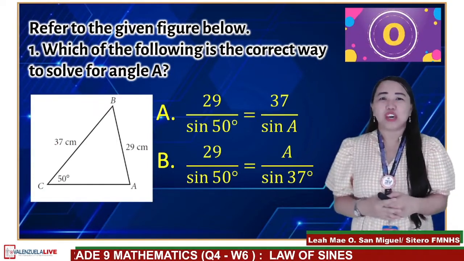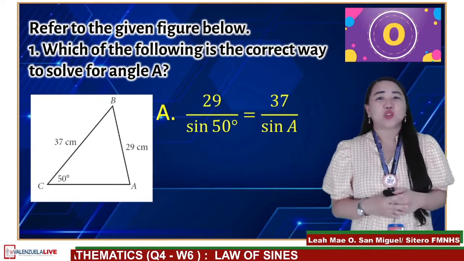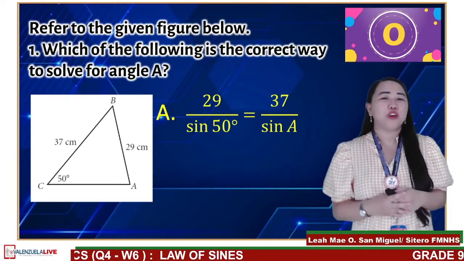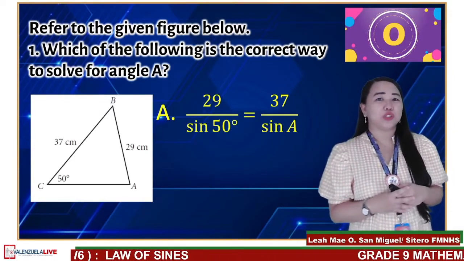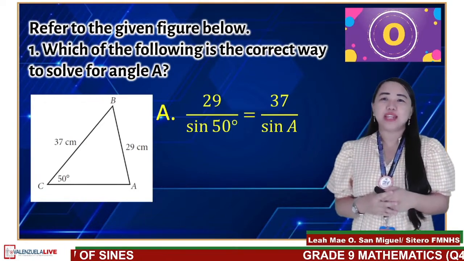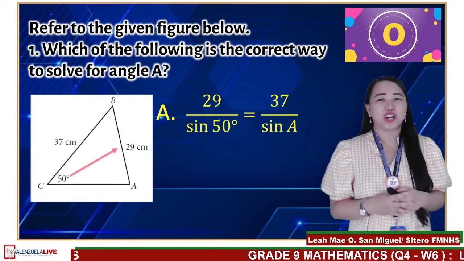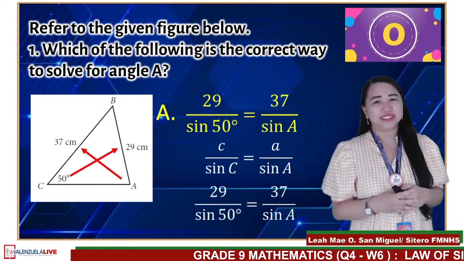Time's up. If your answer is A, 29 over sine 50 degrees is equal to 37 over sine A, then you are correct. Very good.